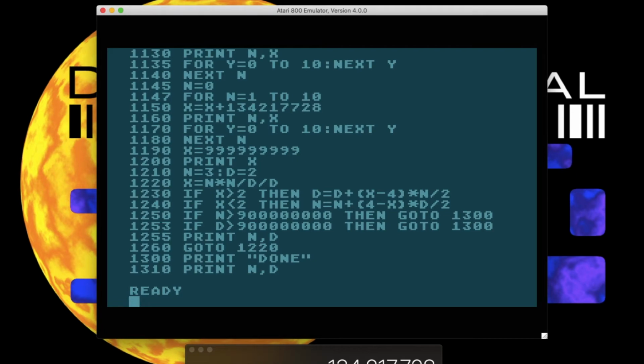If it's greater than 2, increase the... Oh, we need to change the 4 to a 2 over here.